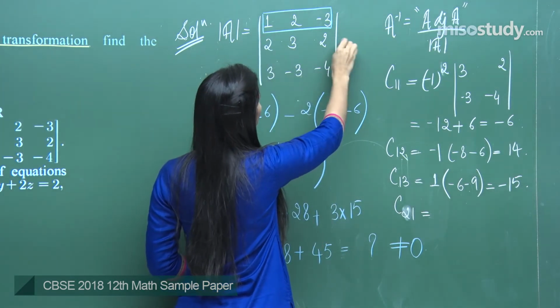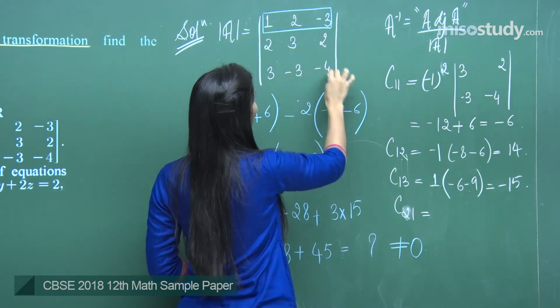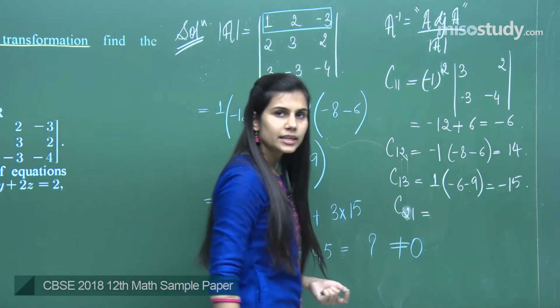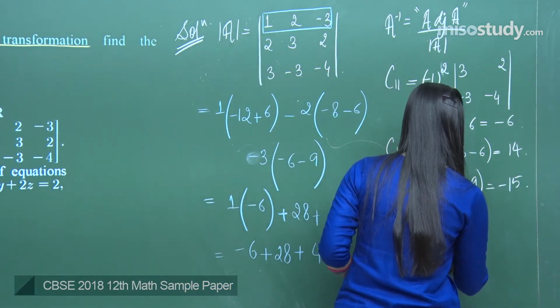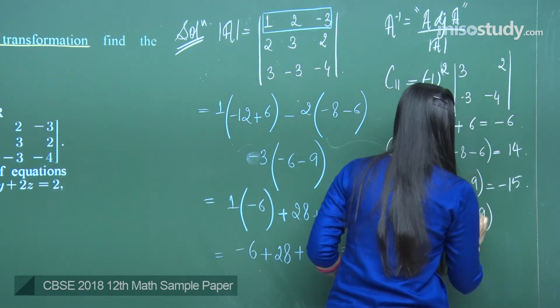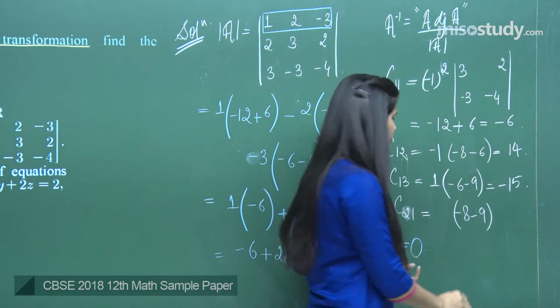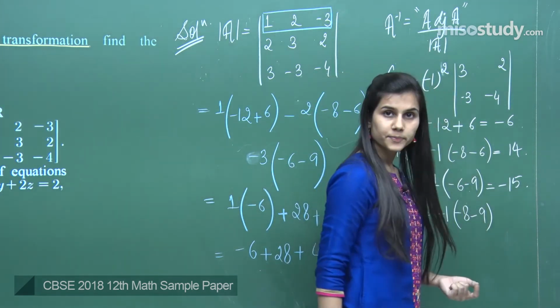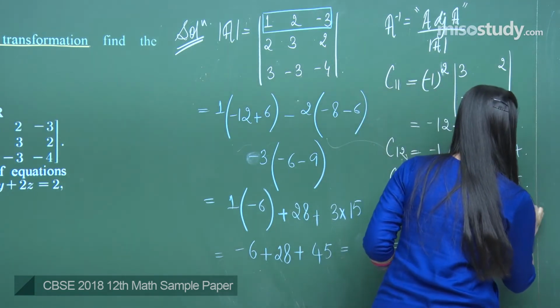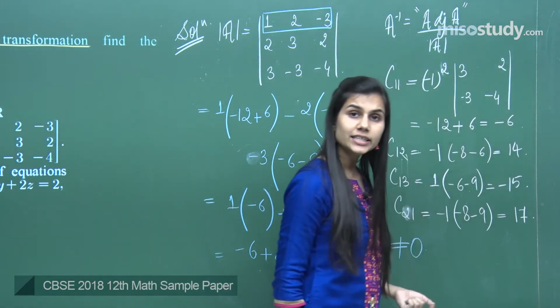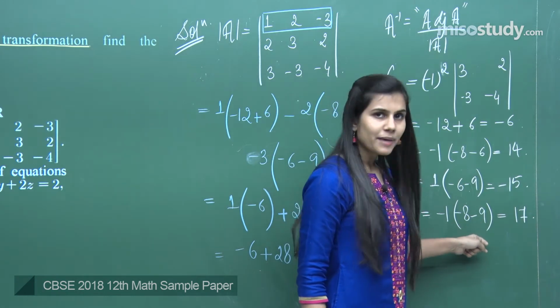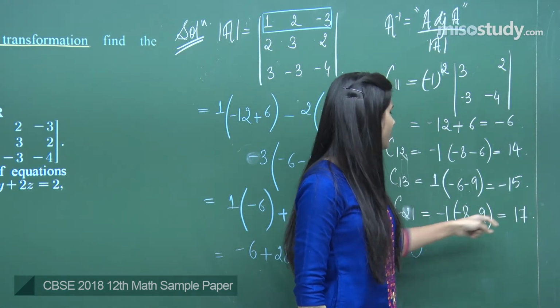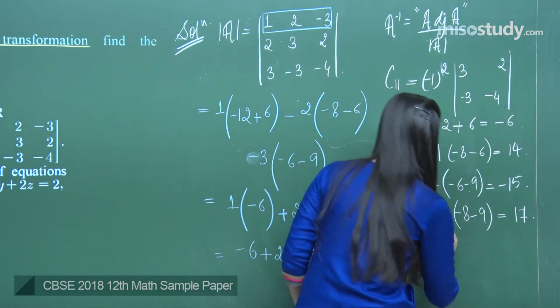Now, you have minus 8, minus 9, and outside you have minus 1 to the power 3, which makes it minus 1. And you get a 17, because minus 8 minus 9 is minus 17 into minus 1 is 17.